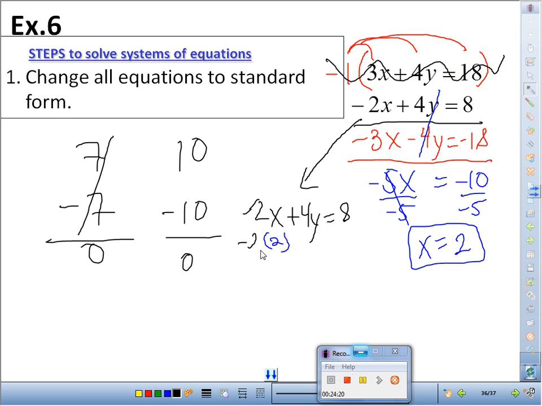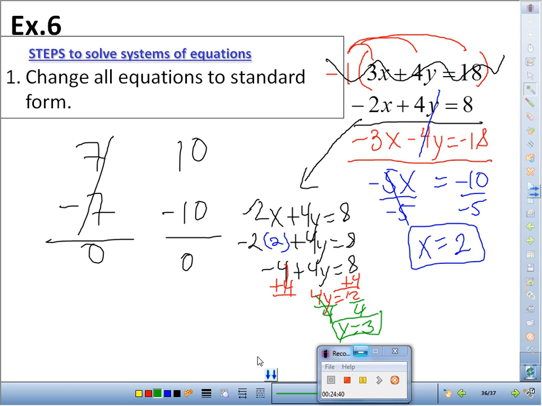Bring down negative 2 plus 4y equals 8. This is negative 4 plus 4y equals 8. Let's solve for y. Add 4 to each side. 4y equals 12. And at the end, we divide by 4. Y equals 3. And our solution is 2, 3. Solution.